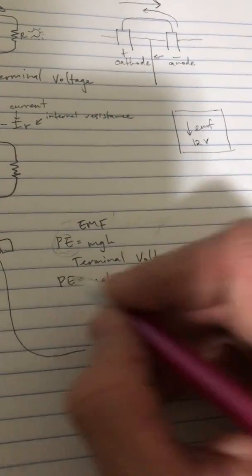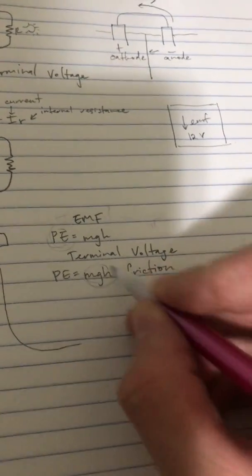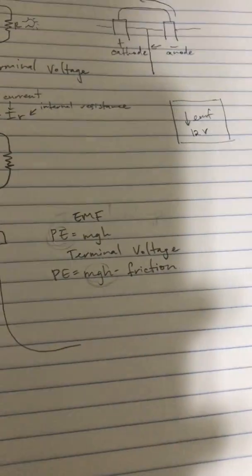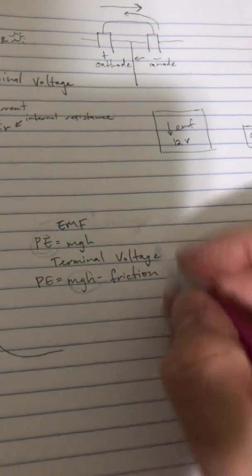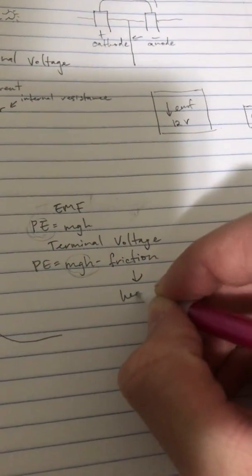So the amount of energy we have is going to be your theoretical yield of energy minus the friction. And this friction is being lost as heat.